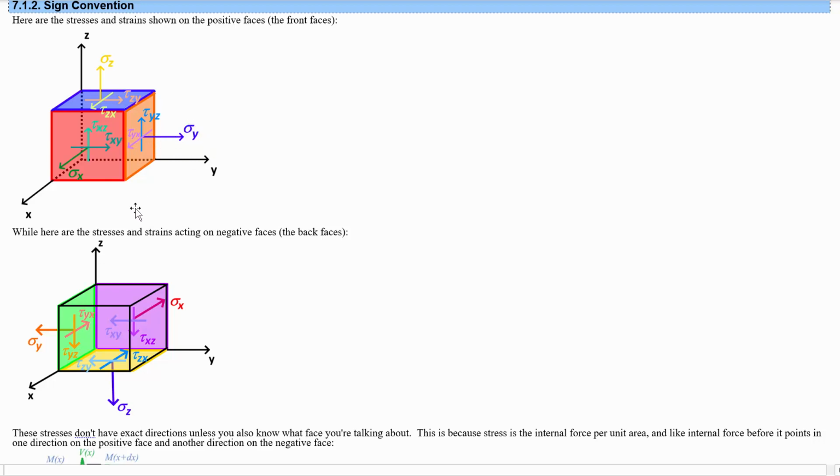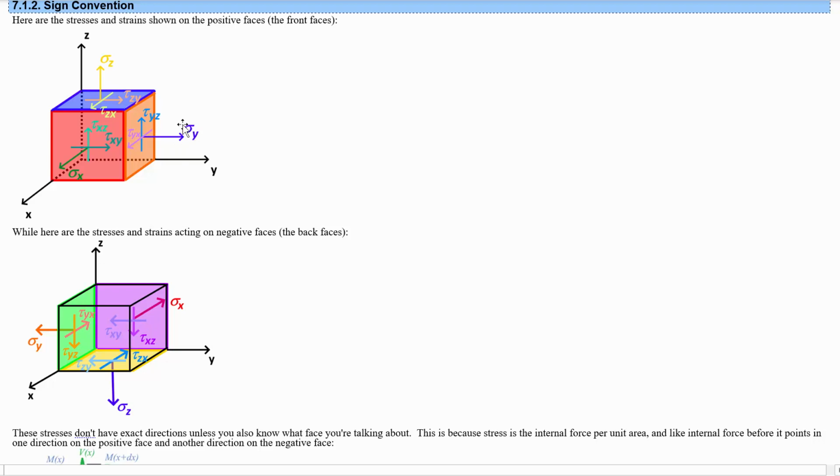So sigma y could mean either positive y face positive y direction, or negative y face negative y direction, as the two negatives cancel. And same thing for the shear stresses. So tau xz could be the stress on the positive x face in the positive z direction, or the stress on the negative x face in the negative z direction, this one back here.